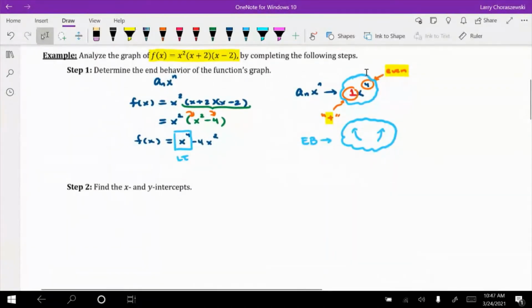Now for step 2, they want us to find the x and y intercepts. So I'm going to make a little workspace for each of those. And I'll show you how to start each of these. For x-intercepts, you're going to solve the equation f of x equals 0.